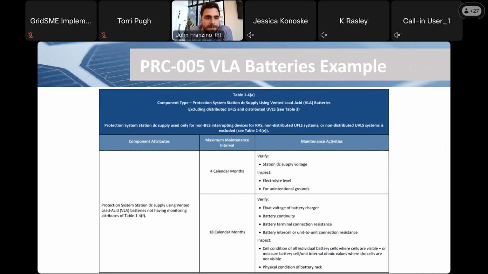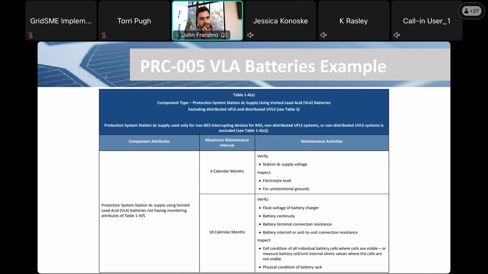The reason I use this as an example is because of all the different protection system elements and their associated maintenance requirements under PRC 5, the DC battery supply has the shortest time horizon for maintenance, aka the most frequent recurring maintenance required.